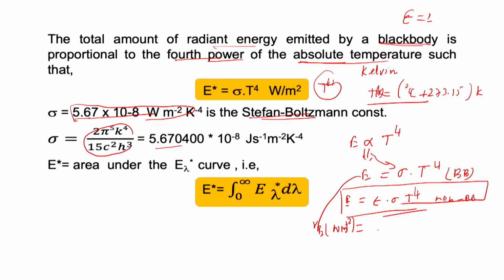So you have a flux here, and this will be sigma times T to the power 4, meaning you have Kelvin to the power 4. So the unit of sigma will be watts per meter square Kelvin to the power 4, with the Kelvin to the power minus 4. This is how you should remember the units.